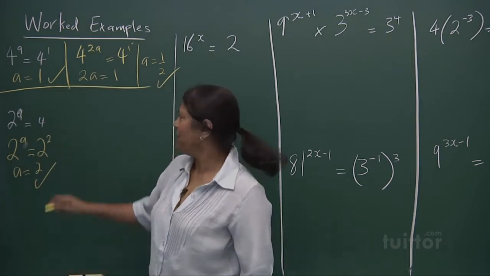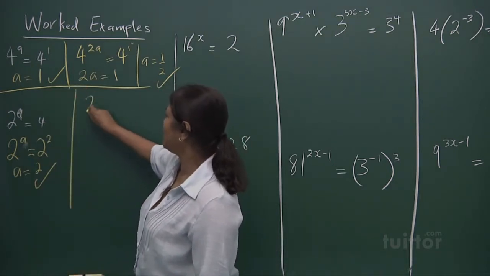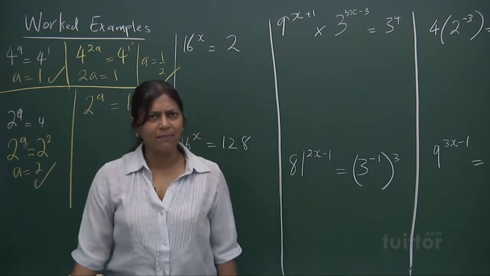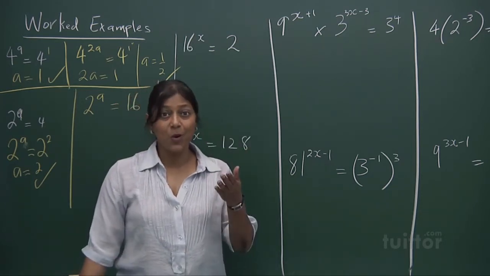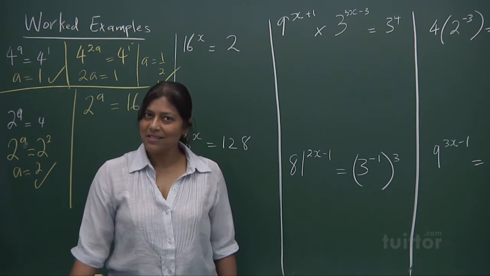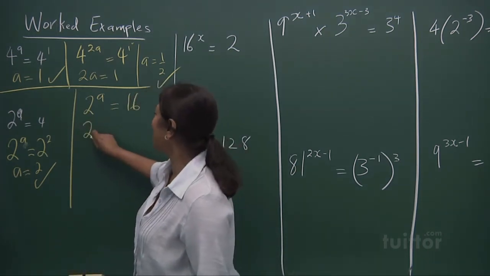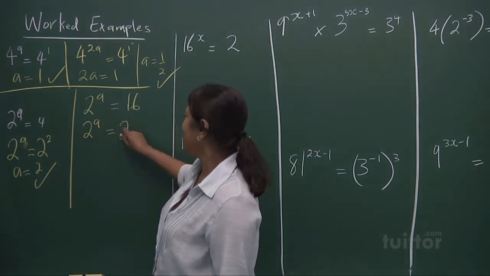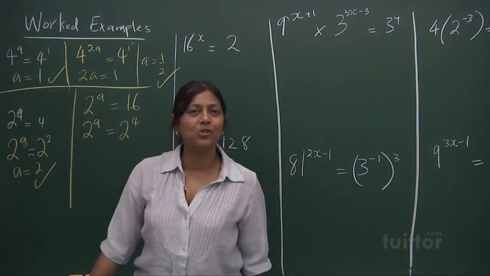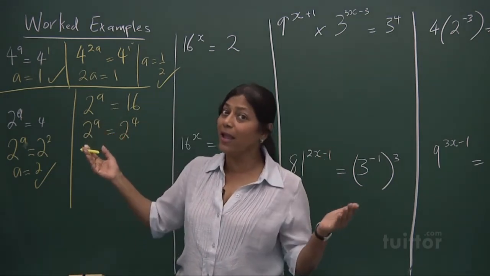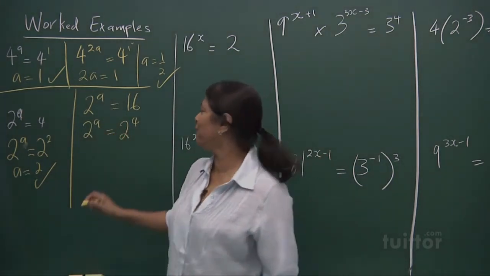Wonderful. But what if I said 2 to the power of A is 16? Does that make it difficult? No, because you know 16 is 2 to the power of 4. So 2 to the power of A is 16, and 16 is 2 to the power of 4. And you've got it. The solution for A is 4.